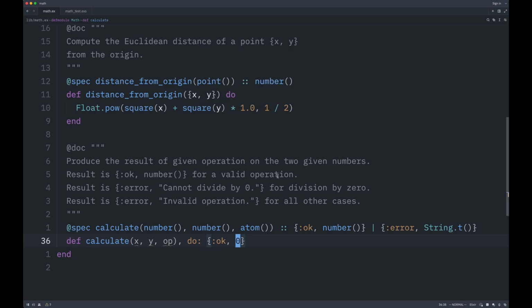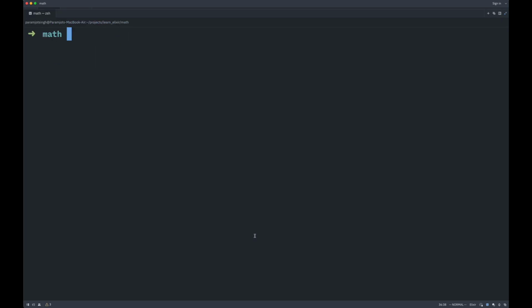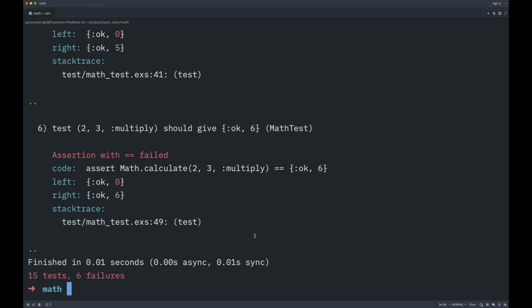So here we are matching with this OK and a number, so that becomes the stub, and therefore we are able to run our tests. So I'm going to start with mix test, and I'm saying all my 6 tests related to this function fail, and that is expected because I am just producing a fixed tuple of OK and 0 all the time.